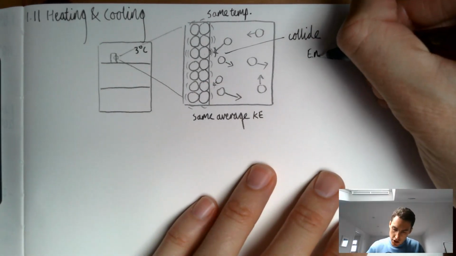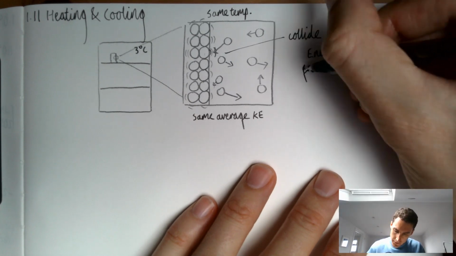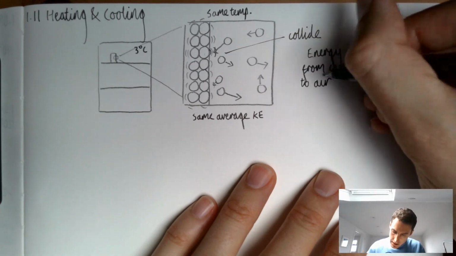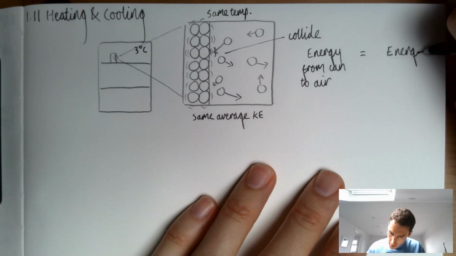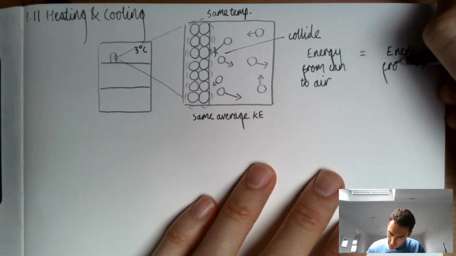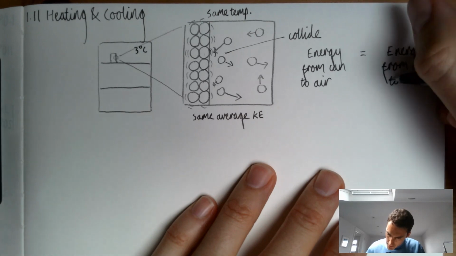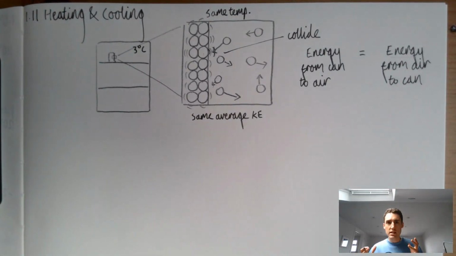I might write energy from can to air is equal to the energy from air to can. Now, this is year 7. I'm not talking about rate of energy transfer or anything like that. I'm kind of glossing it a little bit.